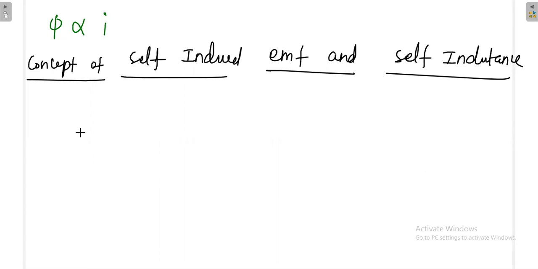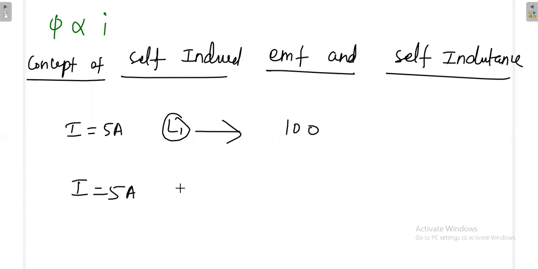Say for example, I am sending 5 ampere current to a particular inductor, L1. Suppose it produces flux of 100. Again the same current I am sending to another inductor, but it is producing very high flux, 500 Weber of flux.